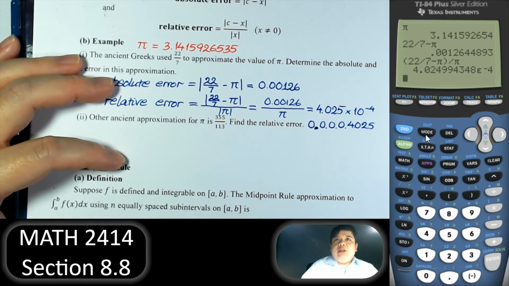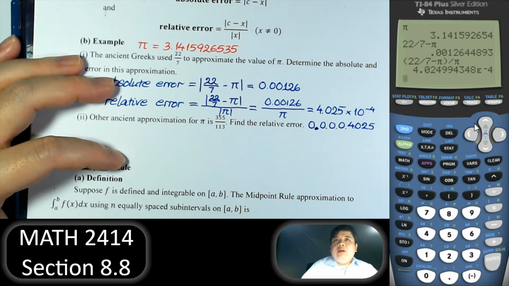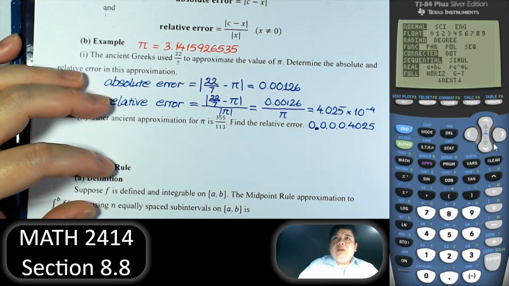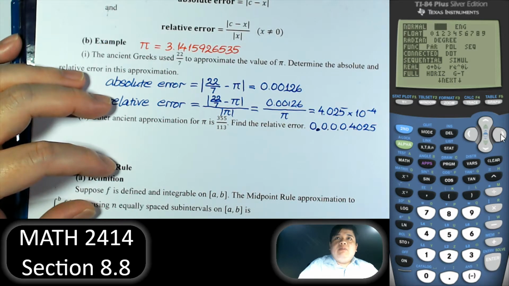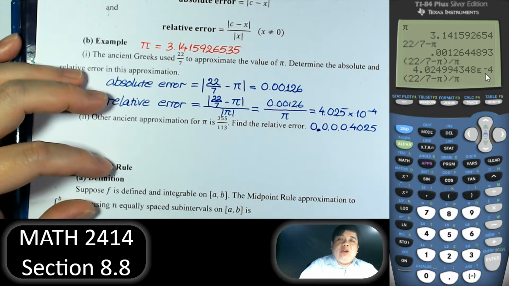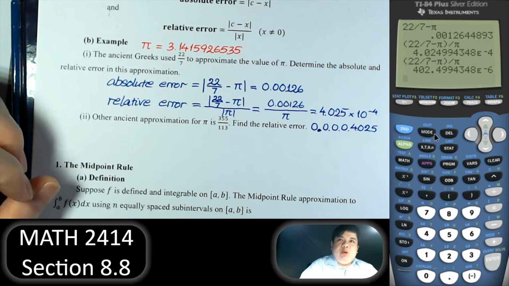Or in the calculator, if we keep that in engineering mode, it only gives us exponents that are a multiple of 3.